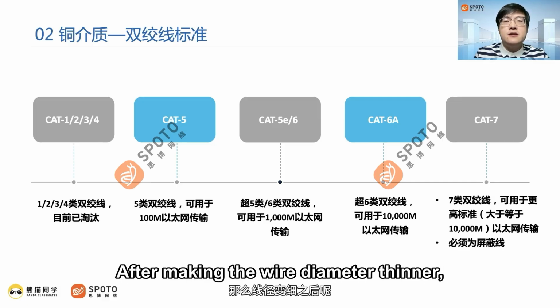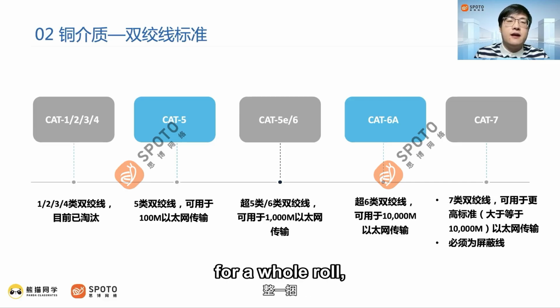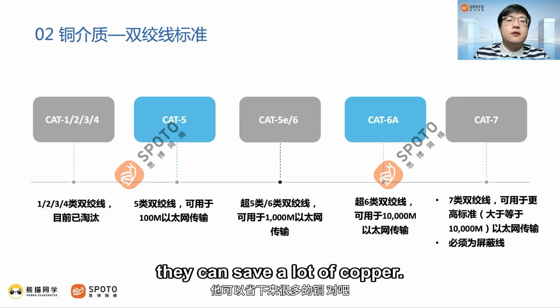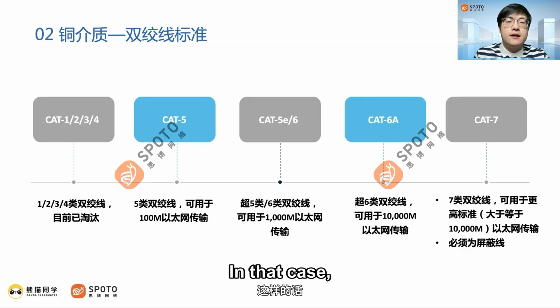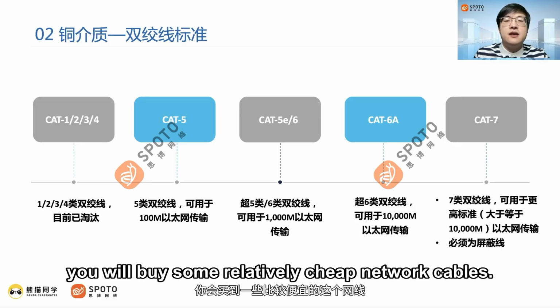After making the wire diameter thinner for a whole roll, generally, a standard box of network cable is 305 meters, so after thinning it out, they can save a lot of copper. So the biggest cost in a whole box is actually the copper. In that case, you will buy some relatively cheap network cables.